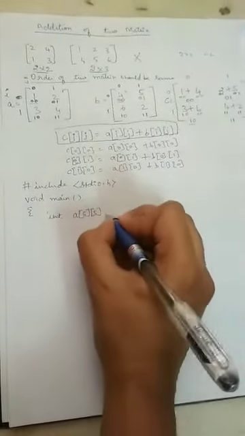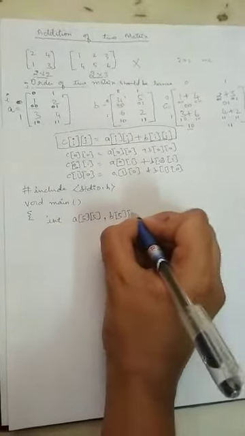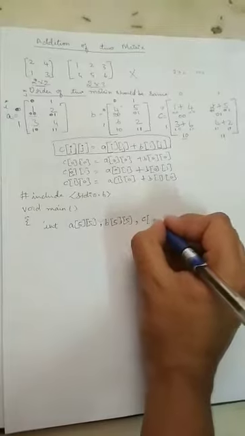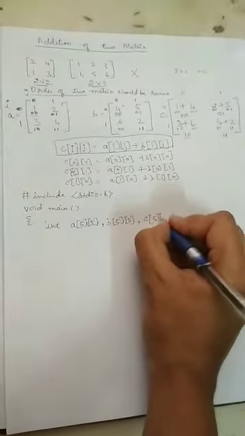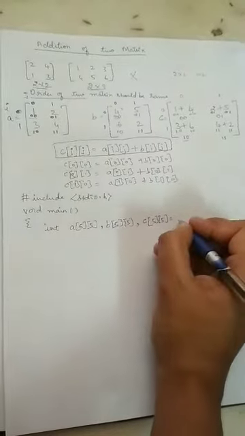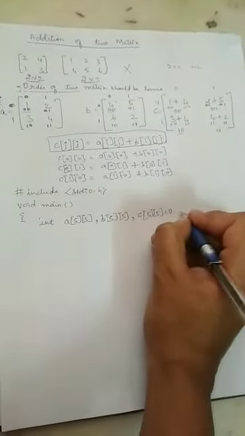B of 5 cross 5 matrix, and C can also contain a 5 cross 5 matrix. I am defining the size of the matrix. Here I can initialize the C matrix with 0.